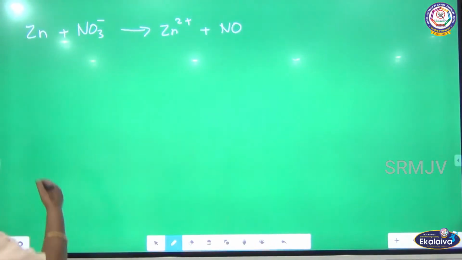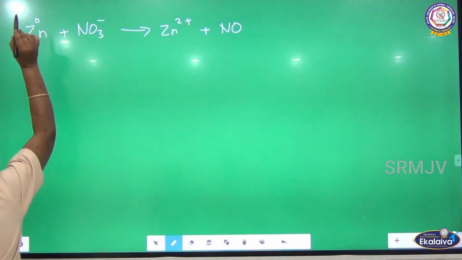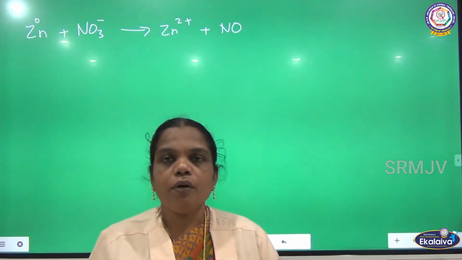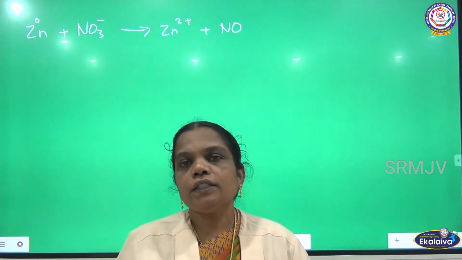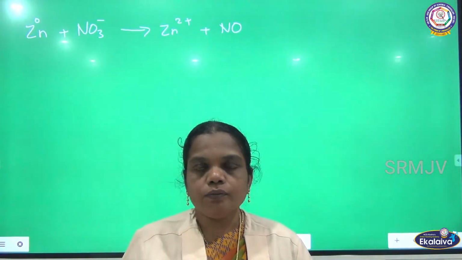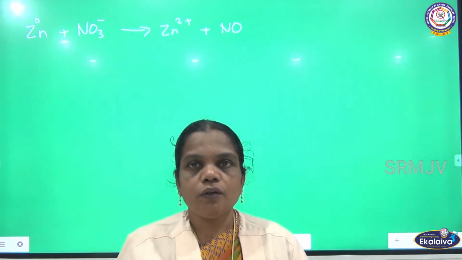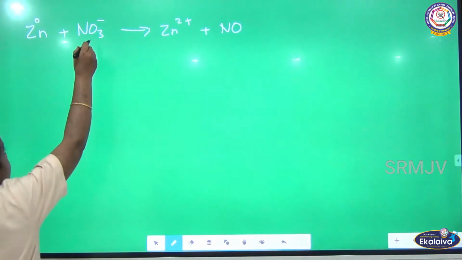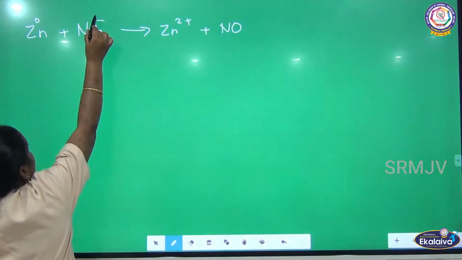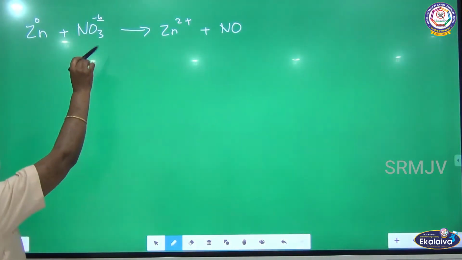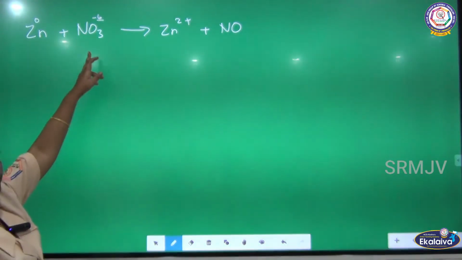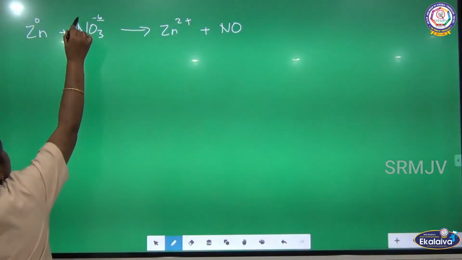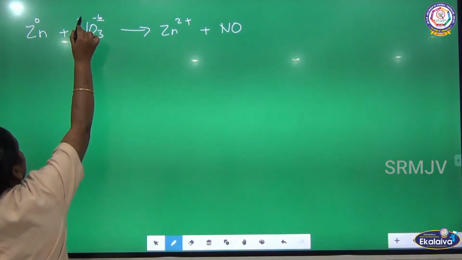Now the first step, you have to assign the oxidation number to all the elements in the given equation. So now the elemental form, the oxidation state is 0. Always you have to know that the elemental form of an atom is 0. Next here for nitrogen, oxygen minus 6, you have to subtract minus 1, so this becomes plus 5.